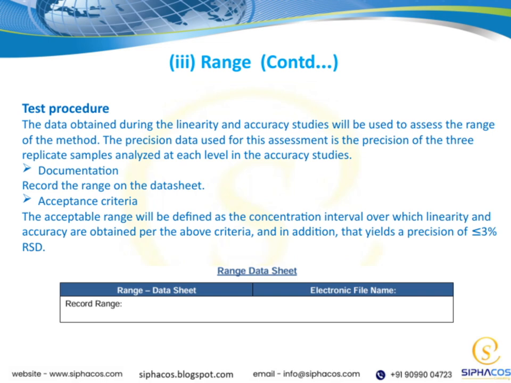Second, and very importantly, the precision within this range should be quite tight, specifically a relative standard deviation, or RSD, of 3% or less. So, to sum up, we're looking for a concentration interval where our method is both accurate and linear, and where the measurements are consistently precise. This ensures the method is robust and reliable for routine analysis.